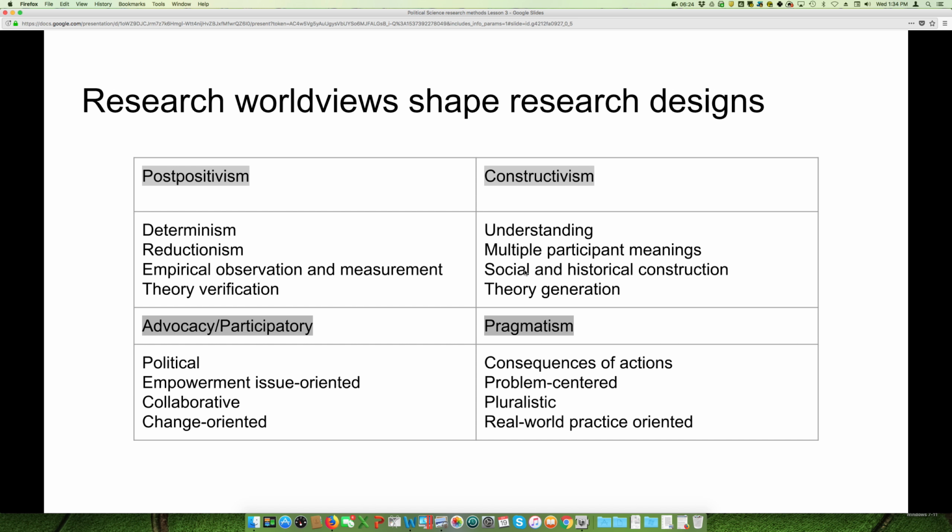You can also use social and historical construction. And that's something that the paper that I posted this week discussed in their qualitative section.